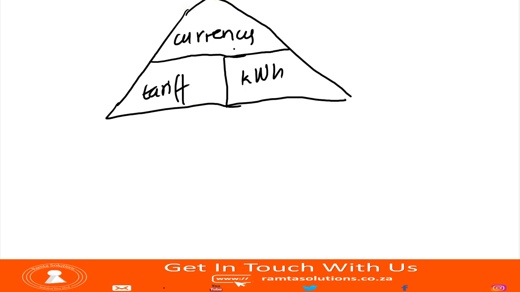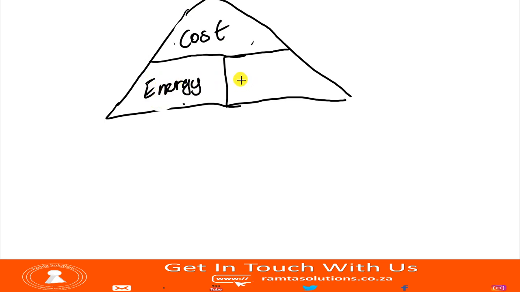So I'm going to change this now and say: this is your cost, this is your energy, and this is your tariff. Others, instead of calling this a tariff, call it a price.